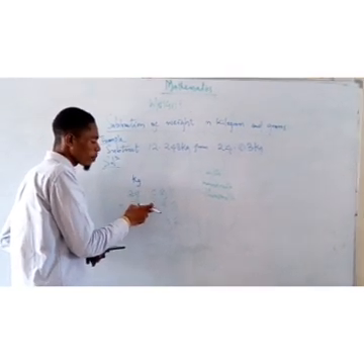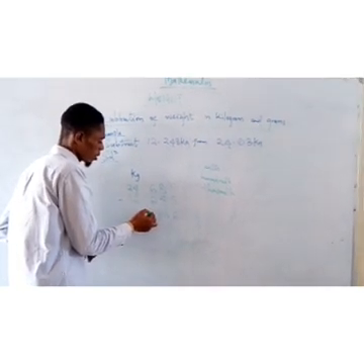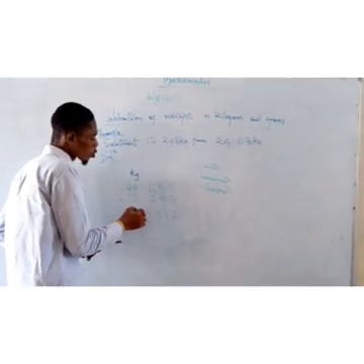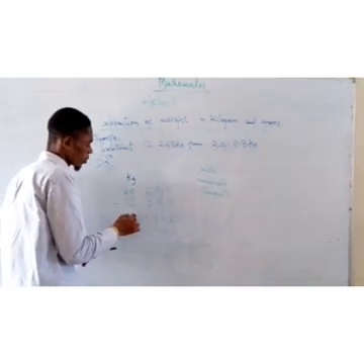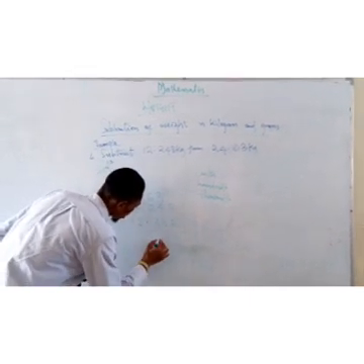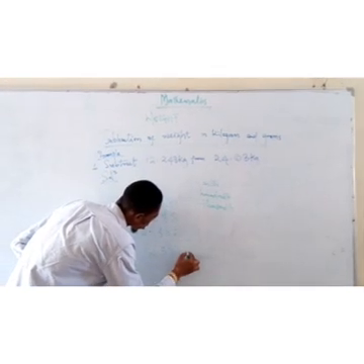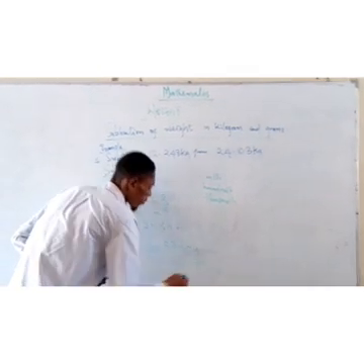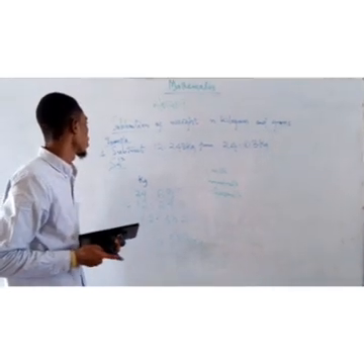So 5 minus 2 will give us what? 3. Bring down your decimal point. 4 minus 2 gives us what? 2. Then 2 minus 1 gives us 1. So our answer is what? 12.382 kilogram. Very simple.